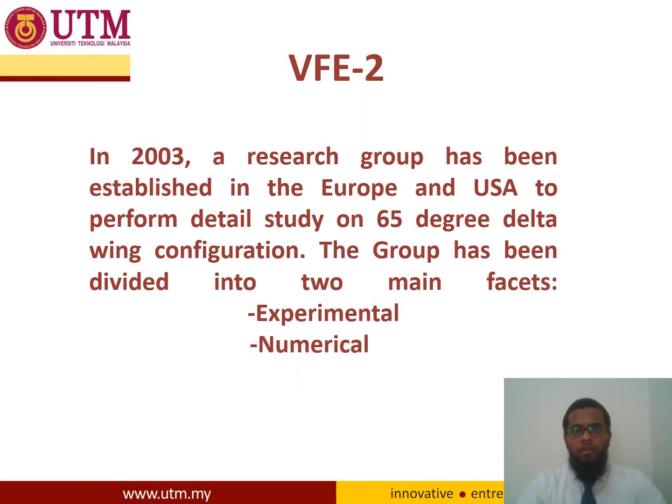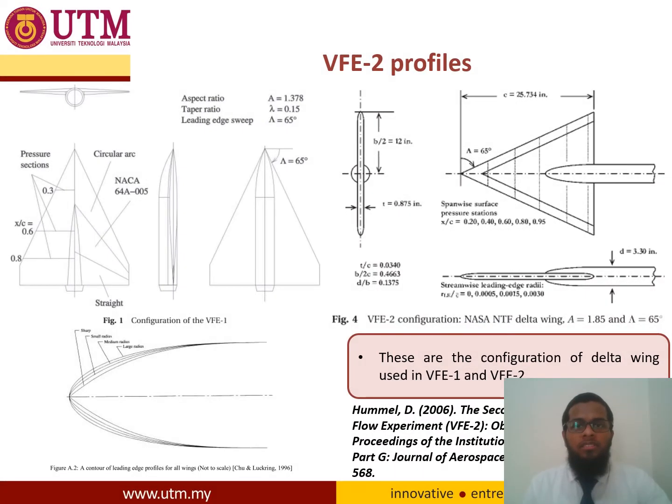And for the research of delta wing vortex flow, experiments were conducted in 2003, established in Europe and USA, on a 65-degree delta wing configuration, which is divided into two main facets. One is experimental and another. As you can see the VFE-2 profiles, these are the configurations of the delta wing.